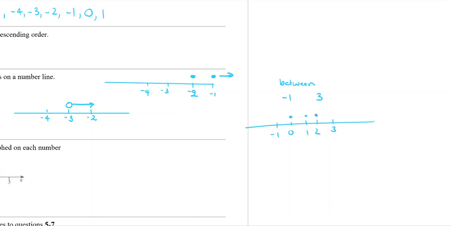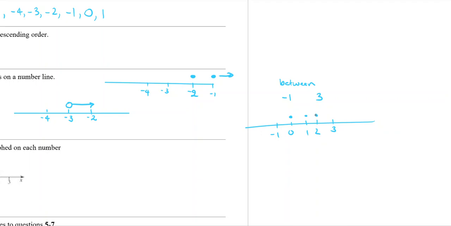Just dots at the numbers that are between -1 and 3. This one's a little bit trickier because it could be any number that is bigger than -3 going that way. Okay, so you can either do it as an open dot here and anything going that way forever, or you could do, because we don't include the -3, a dot at the -2, at the -1, and any number up there would have a dot at it.